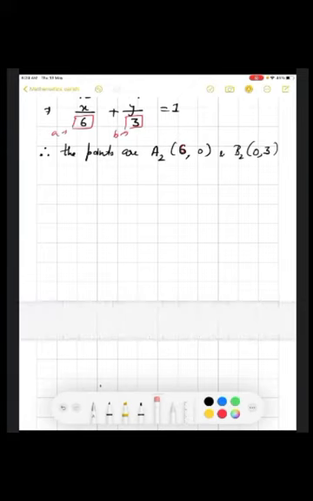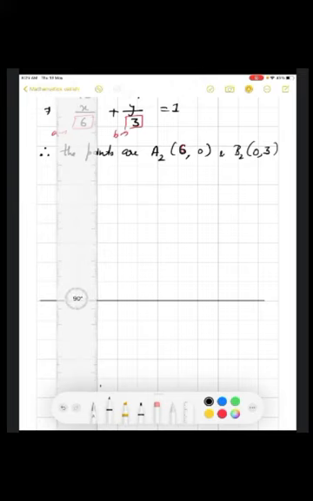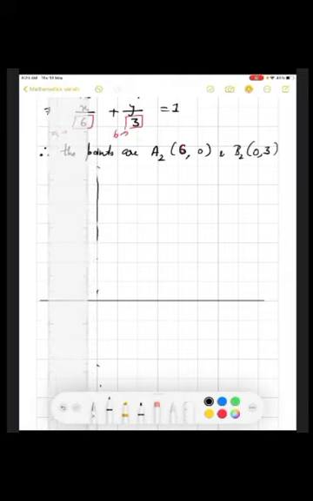So I'll be taking these 2 points. This is 1. What is the highest point for y axis, positive y axis? x के लिए 6 है, y के लिए भी 6 है.